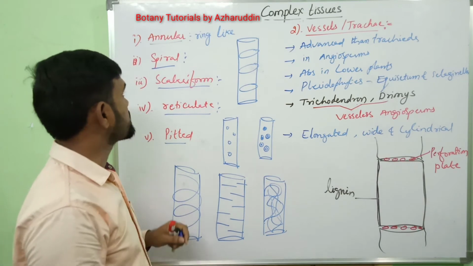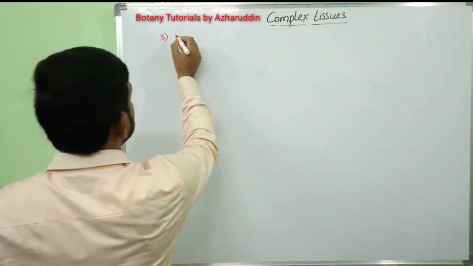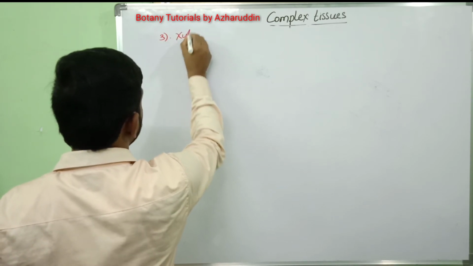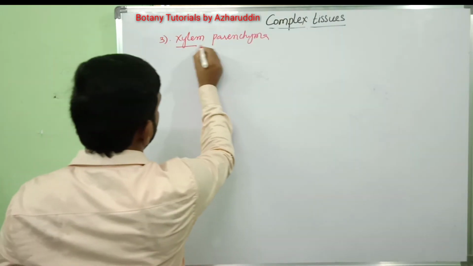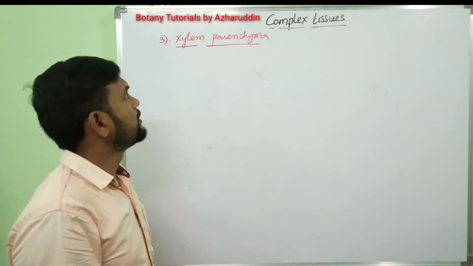Okay. Next, the third element of xylem, that is xylem parenchyma. Xylem parenchyma is composed of living tissue.